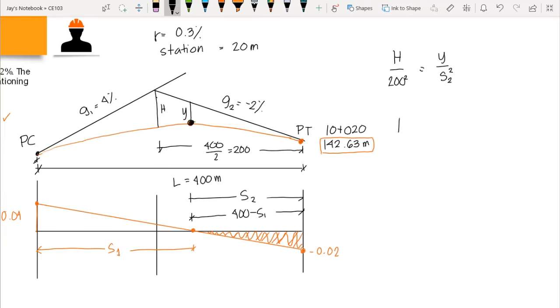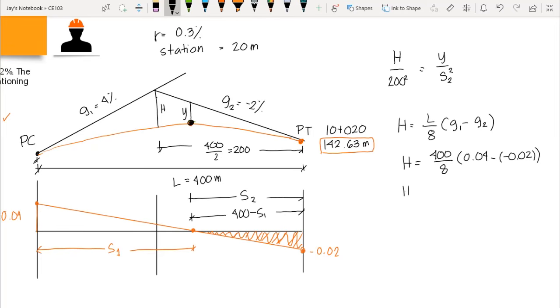Now we know that the formula for h is equal to L over 8 times G1 minus G2. Okay, so we have h is equal to L is 400 over 8 times G1 is 0.04 minus negative 0.02. We have negative 0.02.